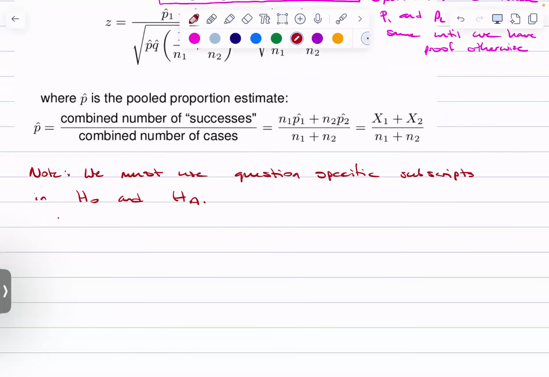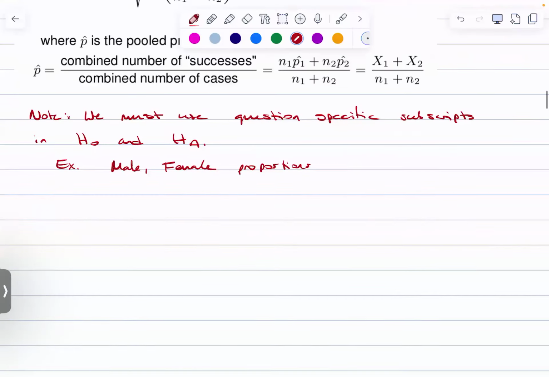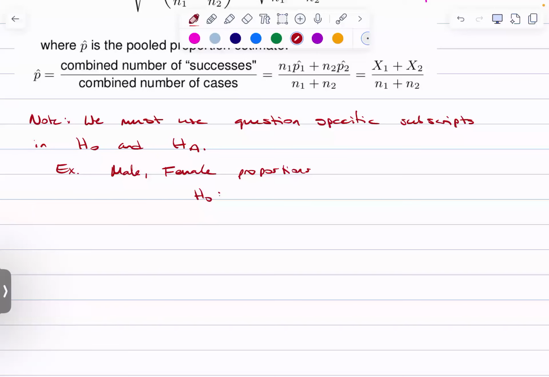Right, for example, male-female proportions. We would have your null hypothesis is PM is equal to PF, or PM minus PF is equal to 0.